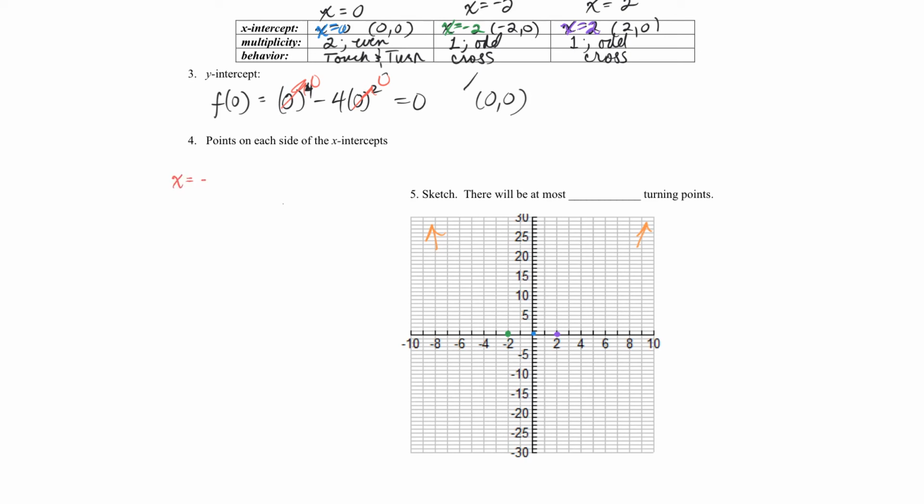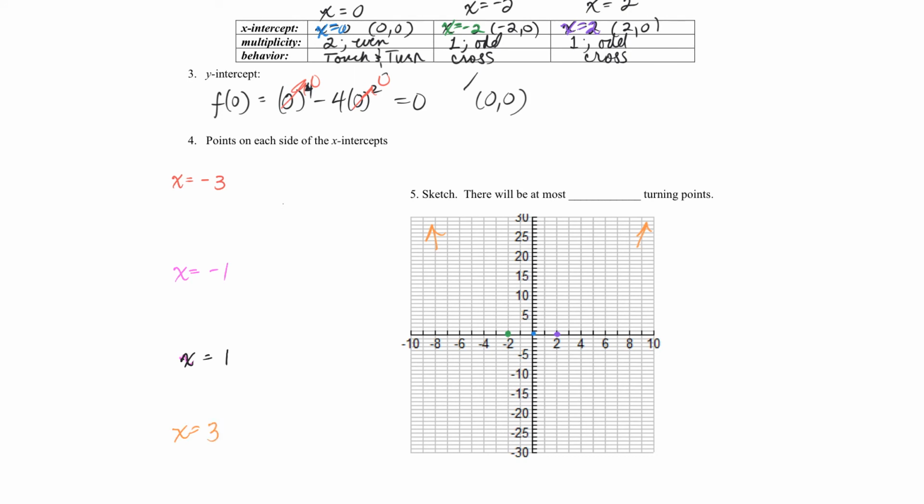So at x equals negative 3, x equals negative 1, x equals positive 1, and then finally, at x equals positive 3.